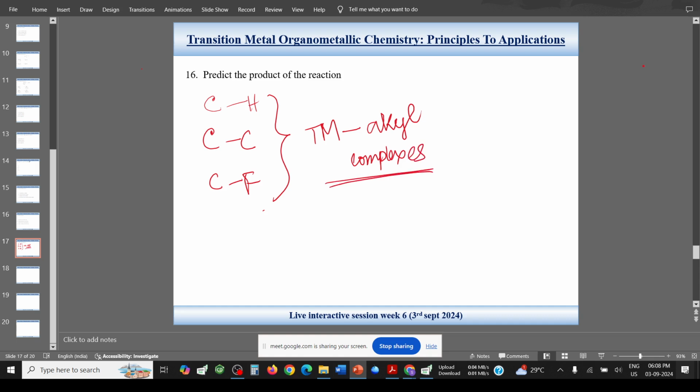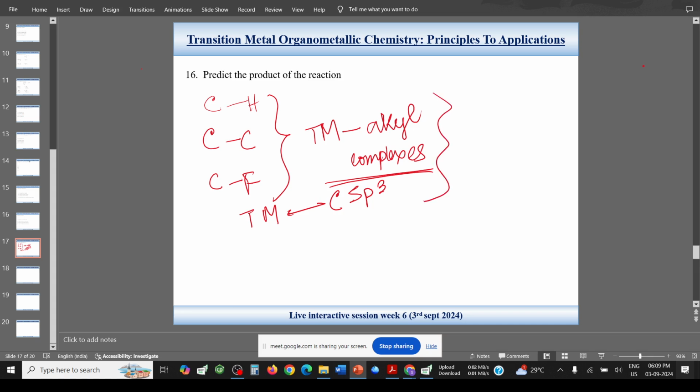Now in week 5 to week 6 we have moved to complexes having sp3 carbon, so the transition metal is bonded to an sp3 carbon atom.